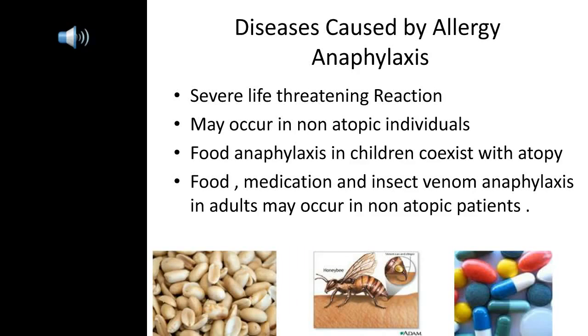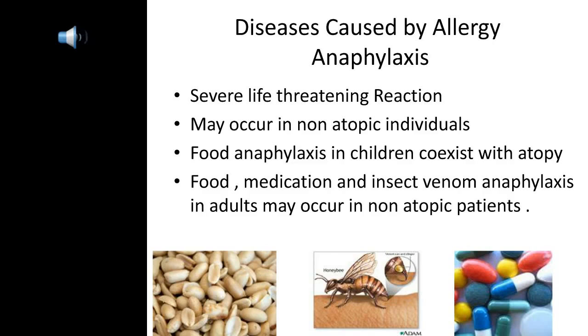The other big area I deal with clinically is the severe life-threatening reaction of anaphylaxis. This is separate because it can occur in non-atopic individuals, and except for food anaphylaxis, frequently it occurs in non-atopic individuals, and the clinical aspects of this are food, medication, and insect venoms.